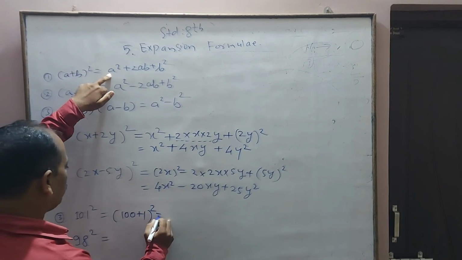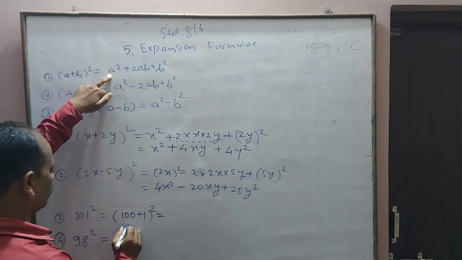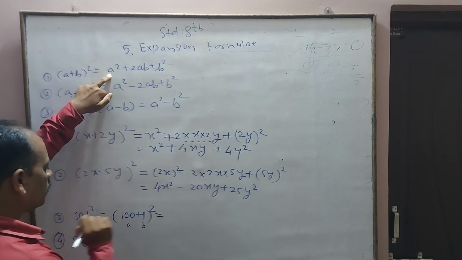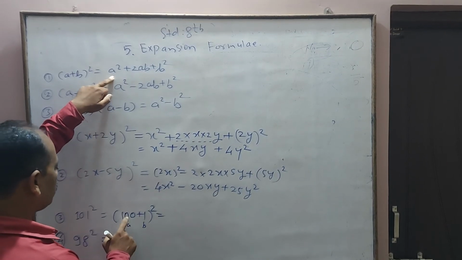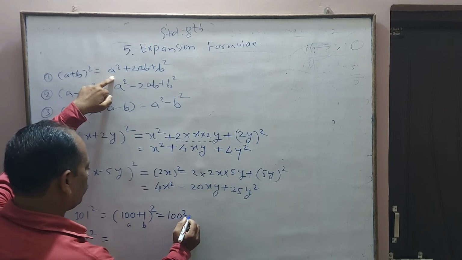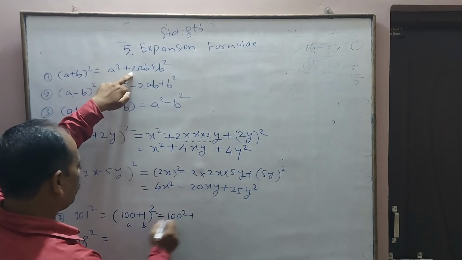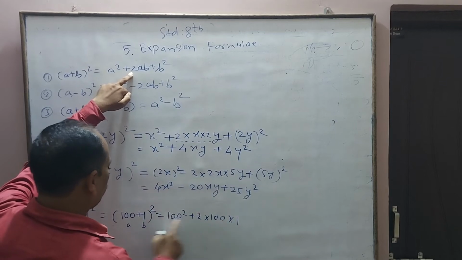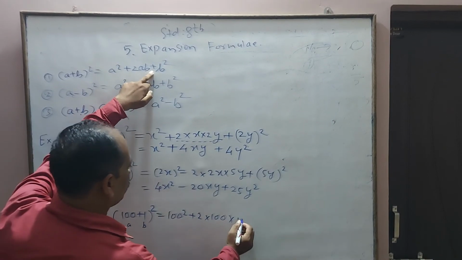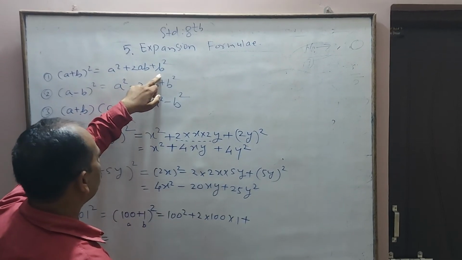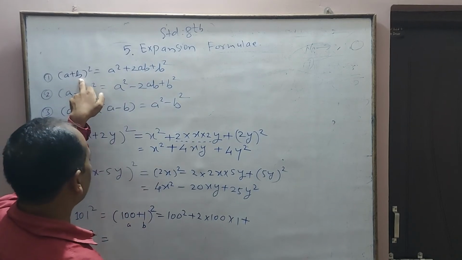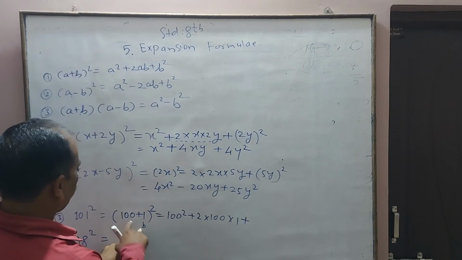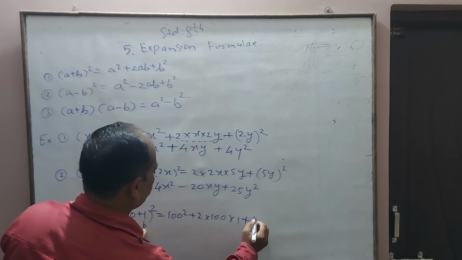a square. Now a is the first term and b is the second term, so a square means 100 square plus 2 into first term into second term, 2 into 100 into 1, again plus sign is there, b square, b is second term, its square.